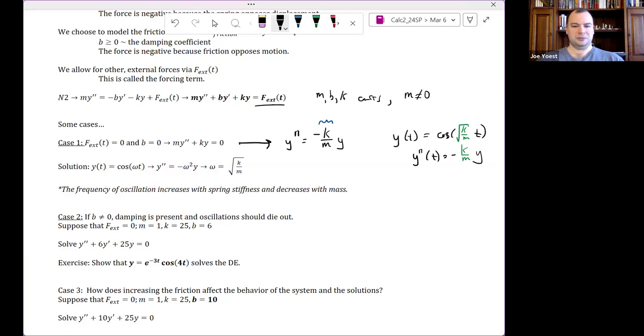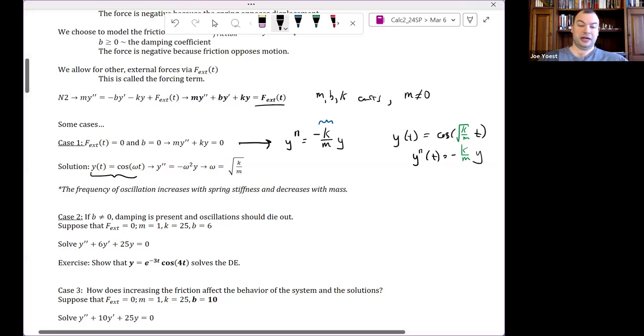So again, we're starting off here. We have a pretty straightforward problem, and we can basically just brute force the solution, or at least a solution. So a solution is going to look like a cosine function.